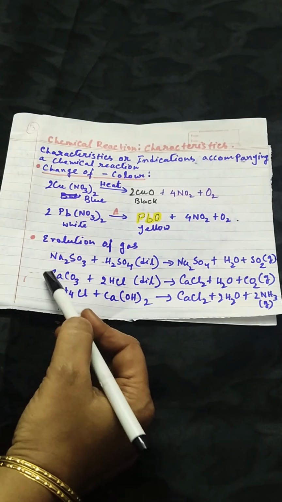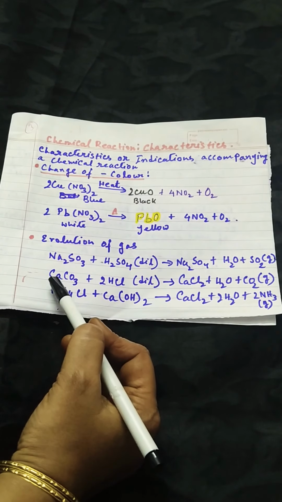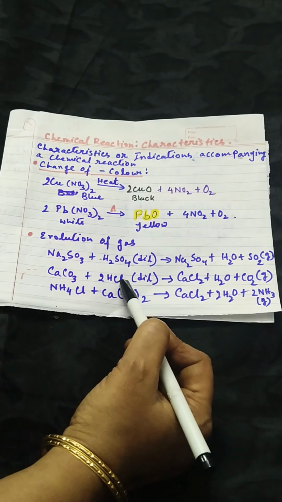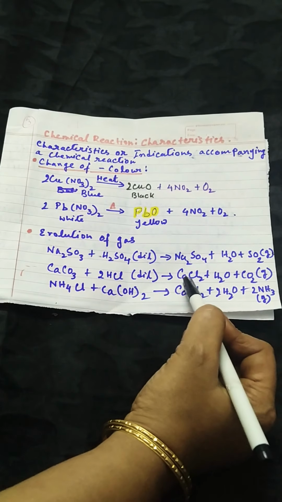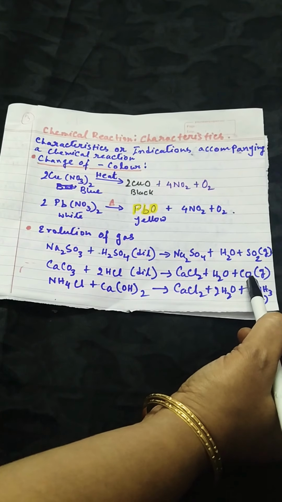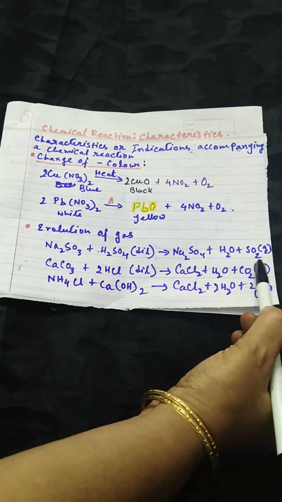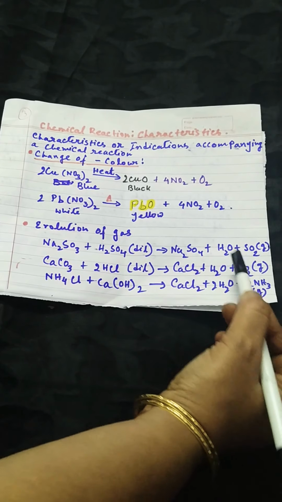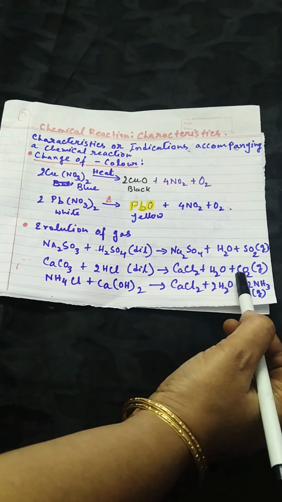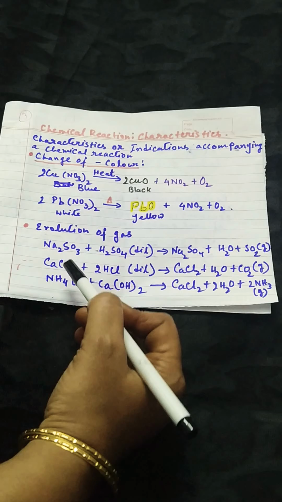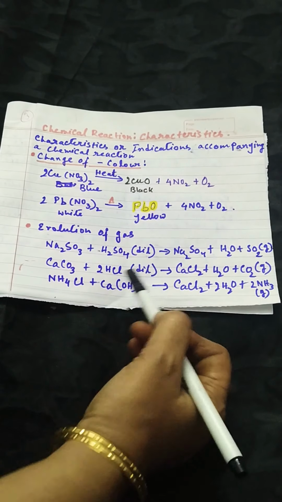Another example is calcium carbonate and hydrochloric acid reacting together, giving us calcium chloride, water and carbon dioxide. Here also carbon dioxide gas will come out from the reacting mixture, forming bubbles, and we'll understand the reaction has taken place.